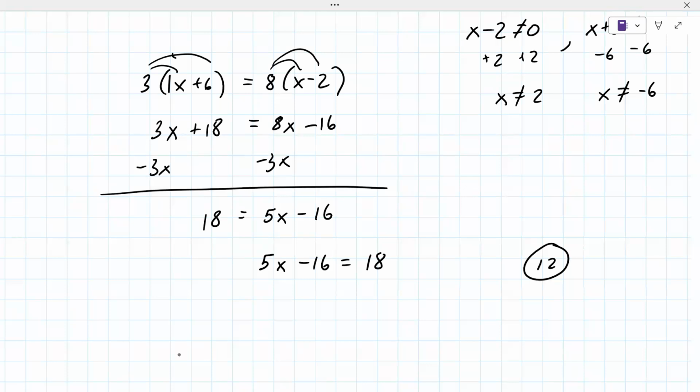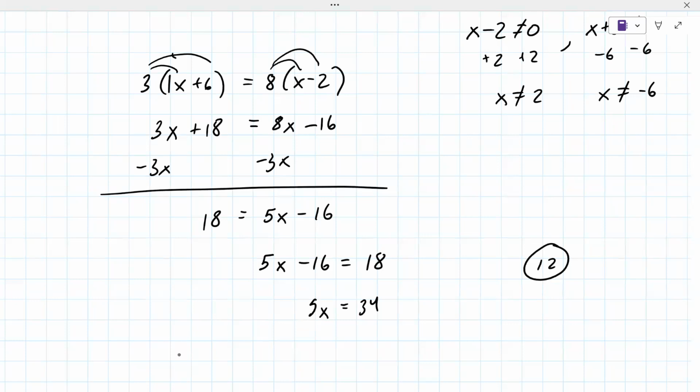We would have 5x equals 34. Okay, looking good.